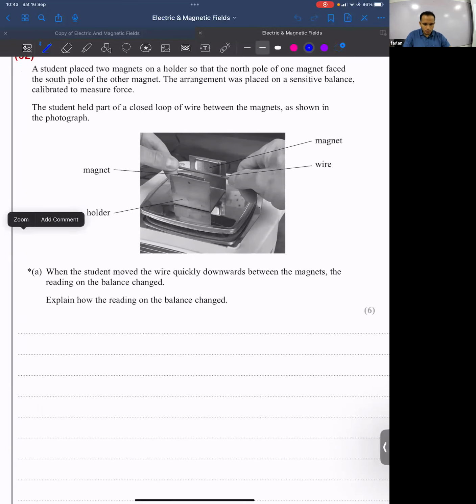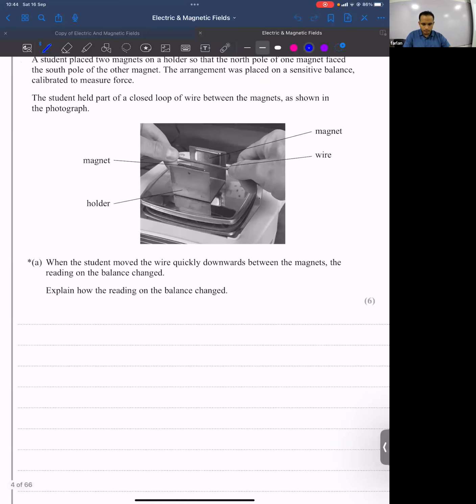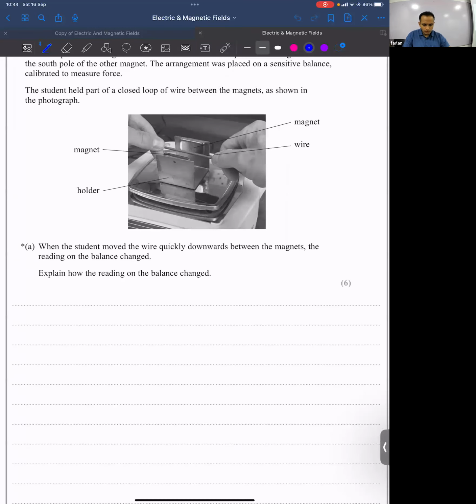The student held part of a closed loop of wire between the magnets as shown in the photograph. When the student moved the wire quickly downwards between the magnets, the reading on the balance changed. Explain how the reading on the balance changed. It's a 6 mark question. Read the question again.